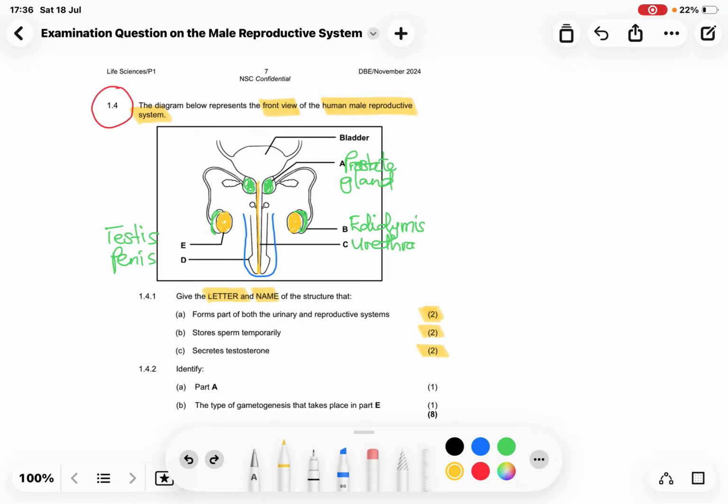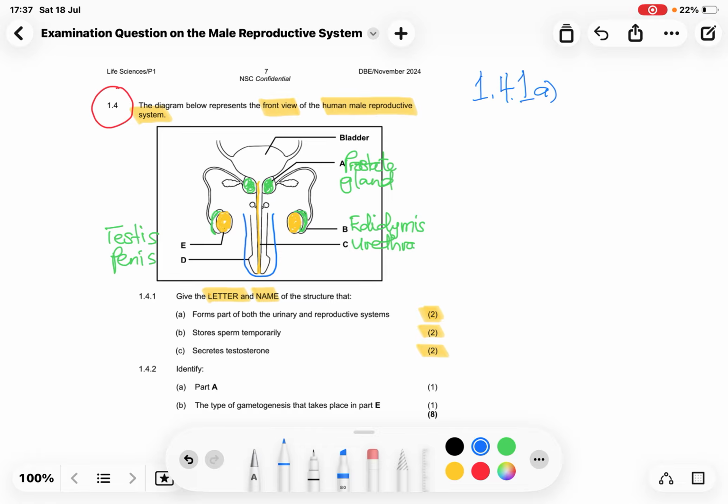Right. Question 1.4.1 part A is asking for the letter, number 1. Number 2, the name of that part that forms part of both the urinary and the reproductive system.